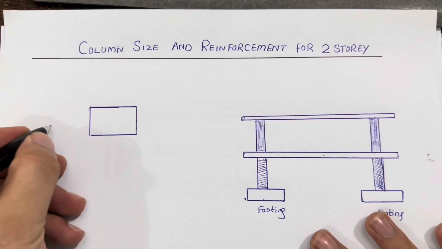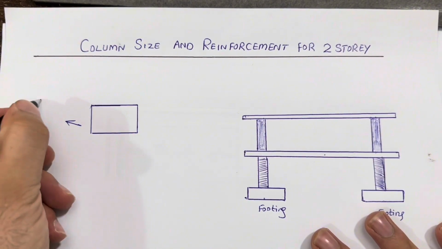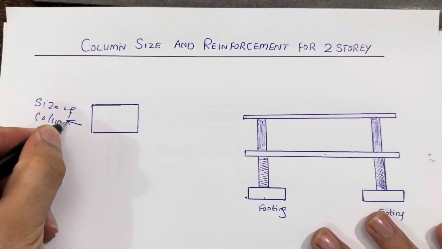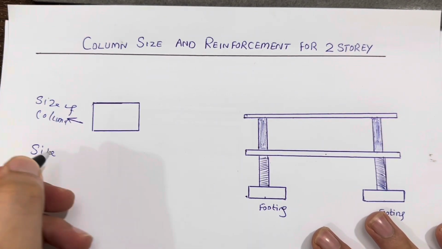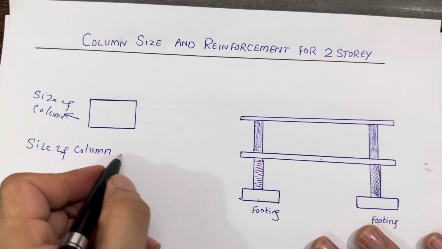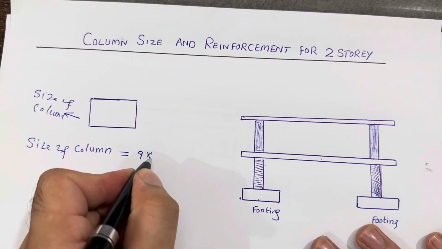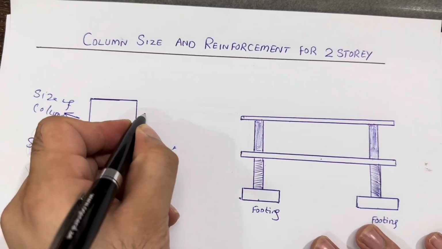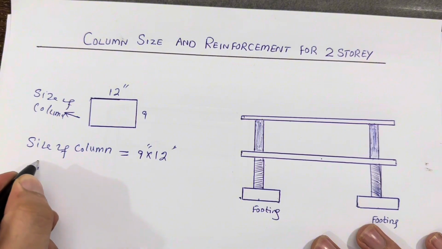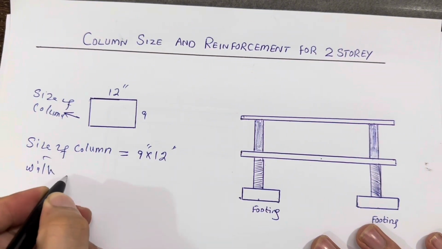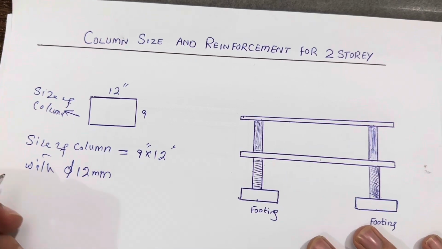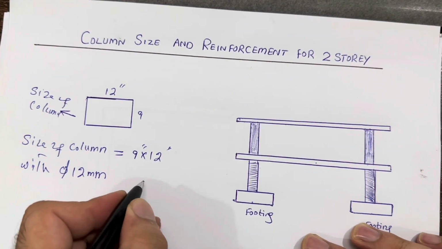Guys, you can see this first one is specially for the size of the column. So remember guys, the size of the column for a two-story residential building should not be less than 9 by 12 inches, with 12 millimeter dia steel rods and 6 numbers.